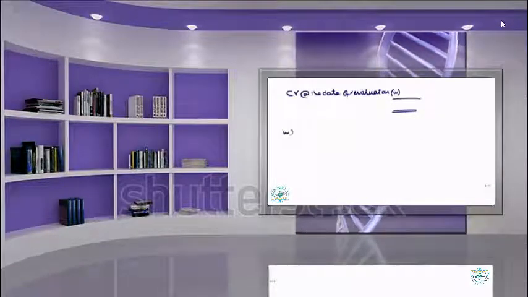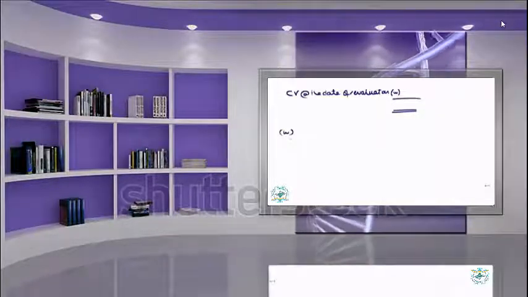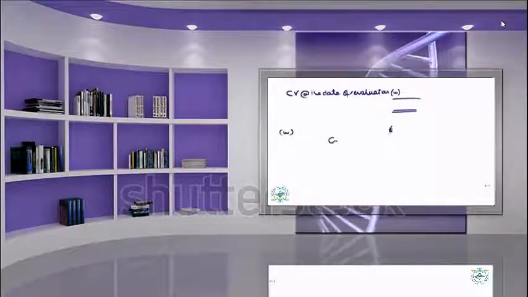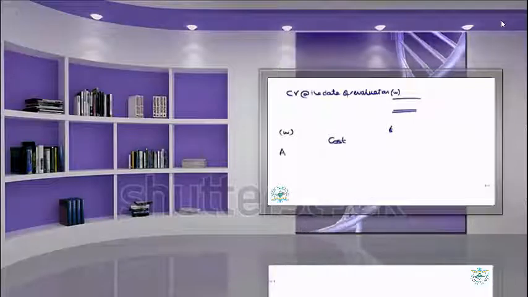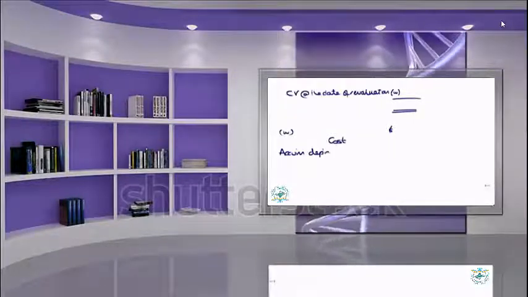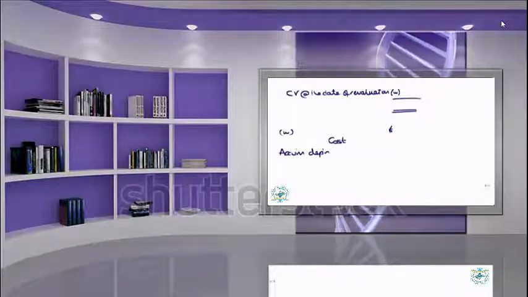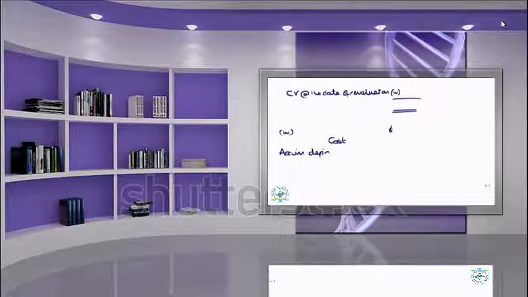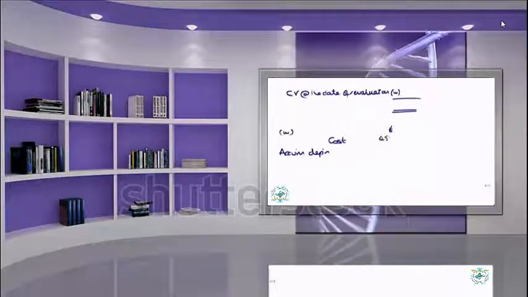So, our working then, the carrying value. Well, remember, that is the cost of the asset minus the accumulated depreciation. Now, the original cost of the asset was given to us at the top of the question. That was $45,000.